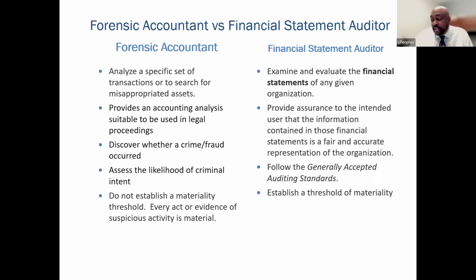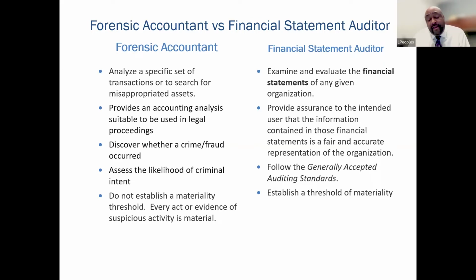Forensic accountants' procedures, again created on a case-by-case basis, are designed to detect fraud and discover crime or intent or likelihood of a crime being committed. Again, completely different tack there. Forensic accountants' procedures routinely end up in legal proceedings, either civil or criminal.